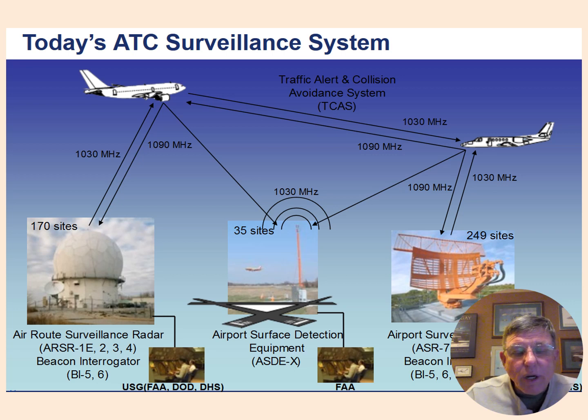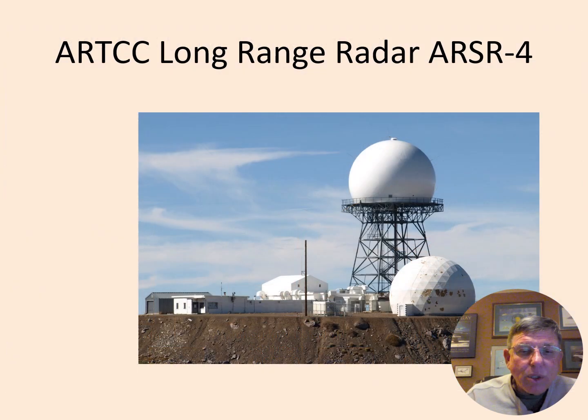TRACON radar normally goes out to about 40 nautical miles, and after that they have to go to the center radars, which are set up to see traffic at much higher altitudes. This is all changing with space-based communications and GPS uplinks on position awareness.